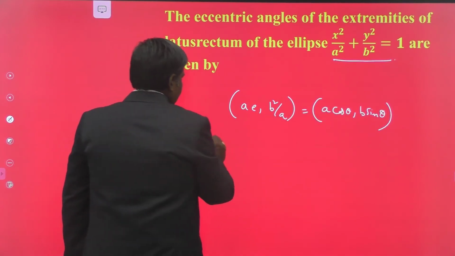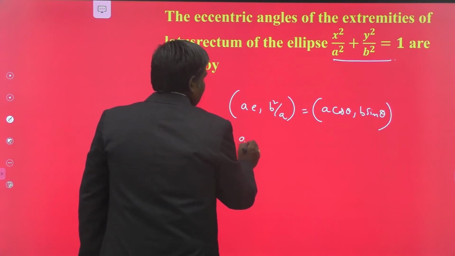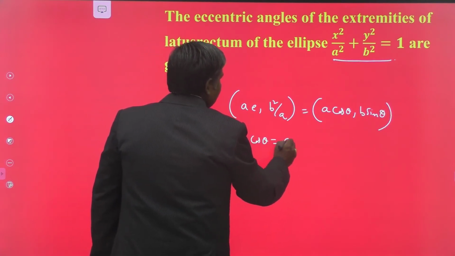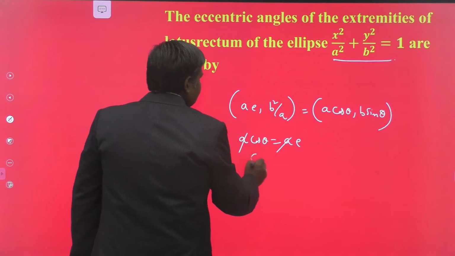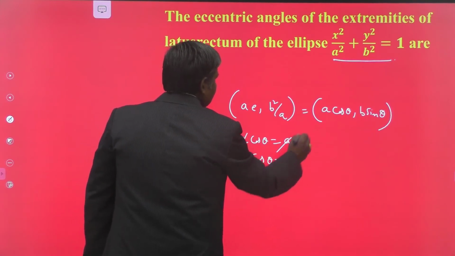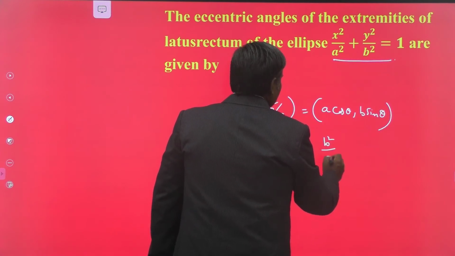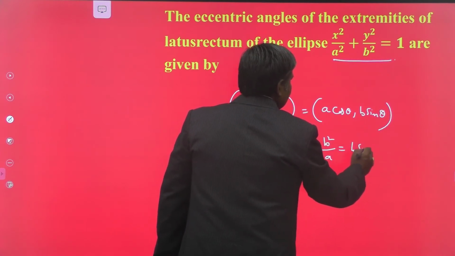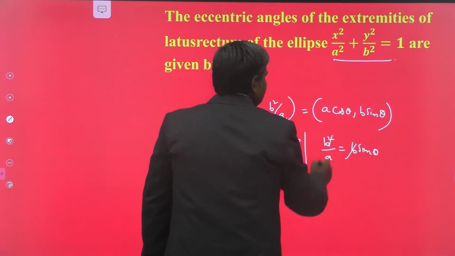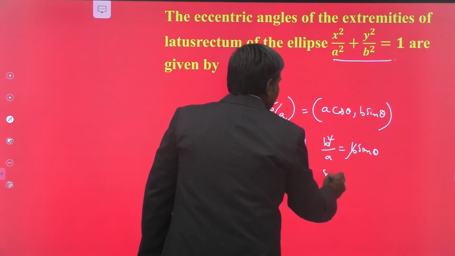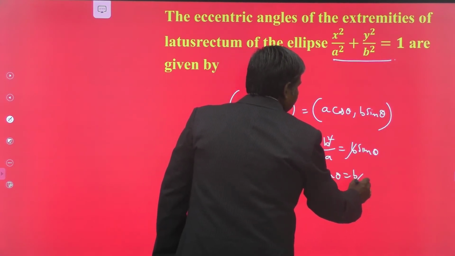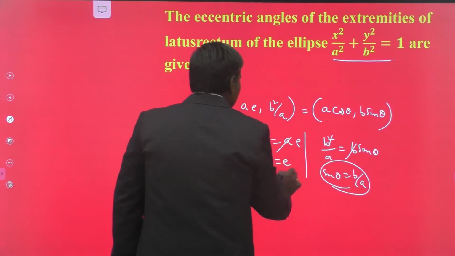From that you can easily find theta. a cos theta is equal to ae. So a gets cancelled. You have cos theta is equal to e. b square by a is equal to b sin theta. You can cancel out b. So sin theta is equal to b by a.